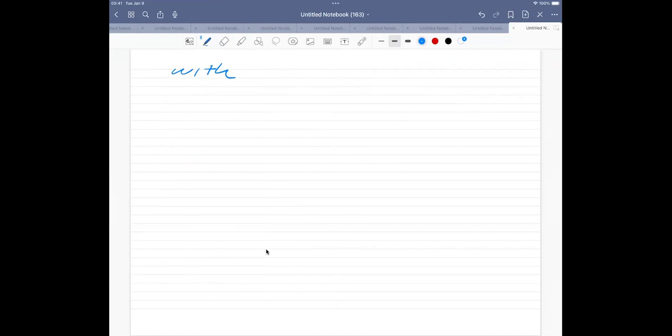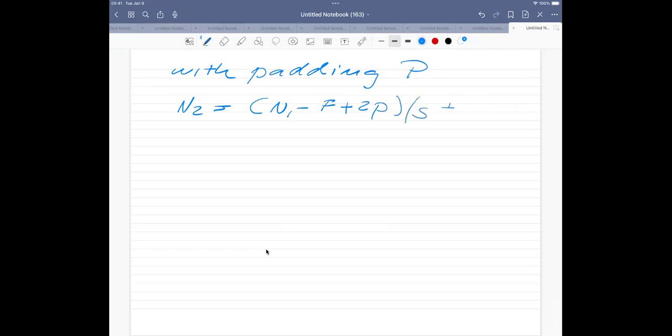So with padding P, the dimensionality of N2 is given by N1 minus F plus 2 times the padding, because that increases the size of the matrix, and then it's divided by the stride, plus 1.